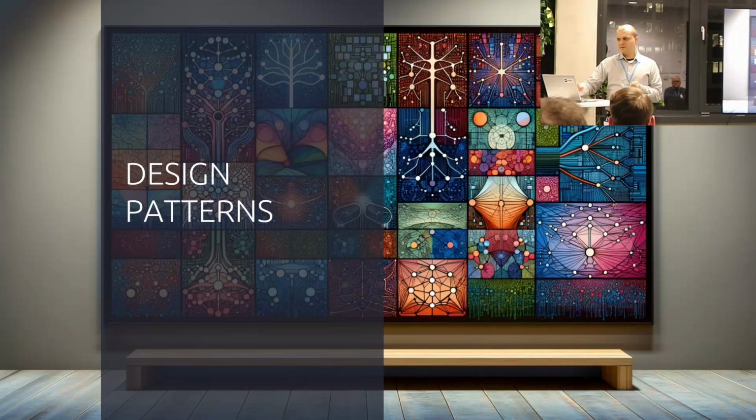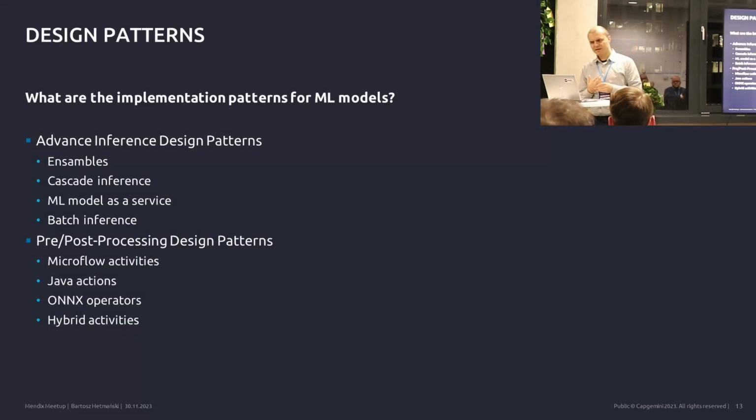All right, some design patterns that are important when you work with machine learning. You can have advanced inference design patterns, so ensembles and cascade inference, where each output of one model is an input to another one.